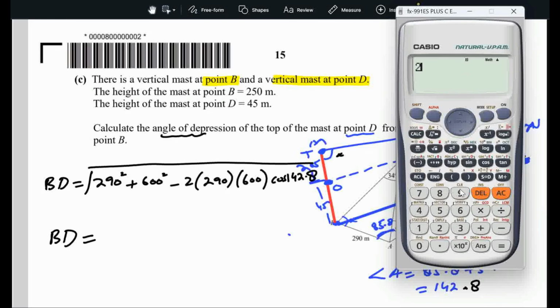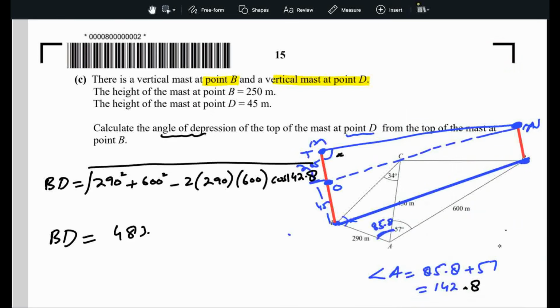Let me check it again. 290 squared plus 600 squared minus 2 into 290 into 600 into cos of 142.8 bracket close, and then take the square root of the answer. This will be equal to 483.4.